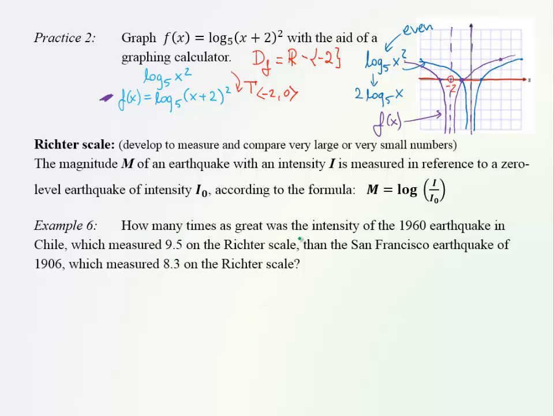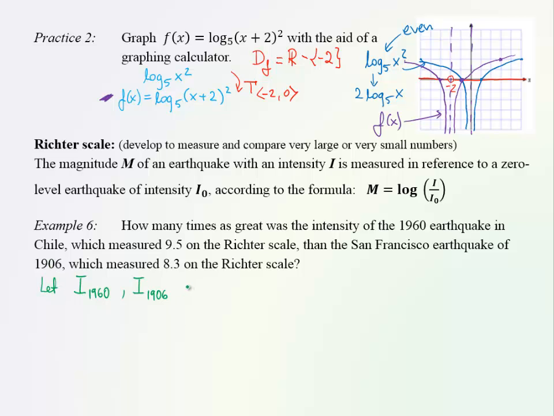Using this information, let's solve the following problem. How many times as great was the intensity of the 1960 earthquake in Chile, which measured 9.5 on the Richter scale, than the San Francisco earthquake of 1906, which measured 8.3 on the Richter scale? So let I with the subindex 1960 represent the intensity of the 1960 earthquake, and I with the subindex 1906 the intensity of the San Francisco earthquake in 1906.